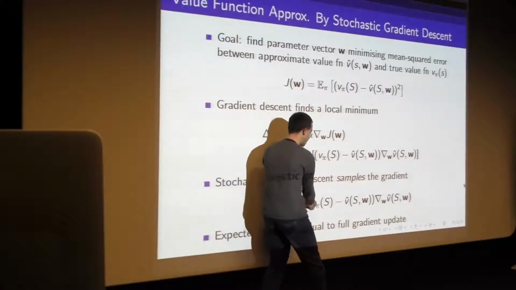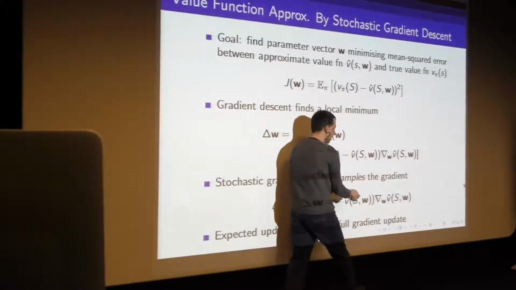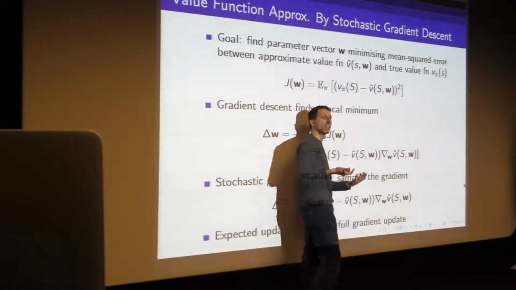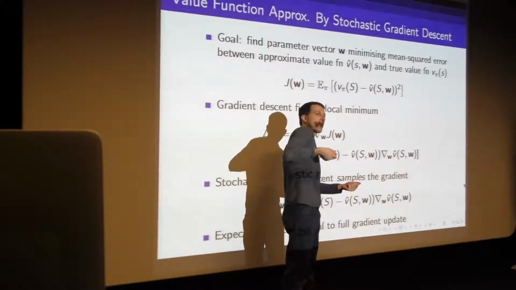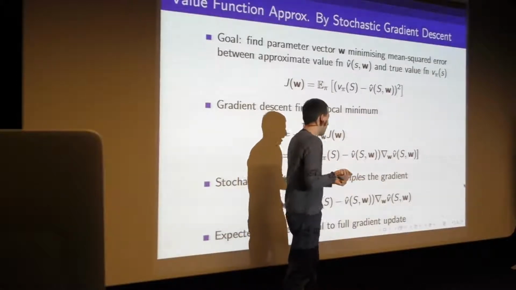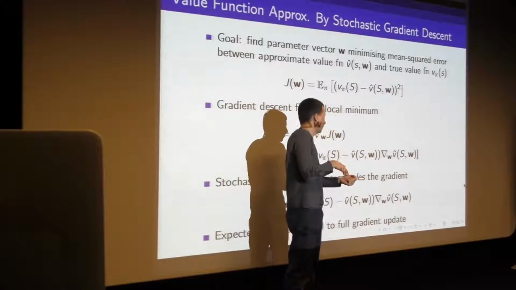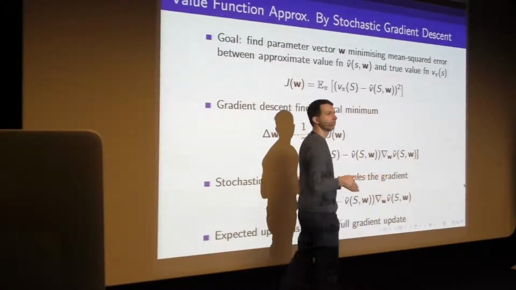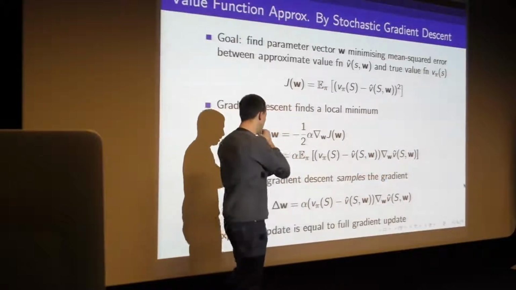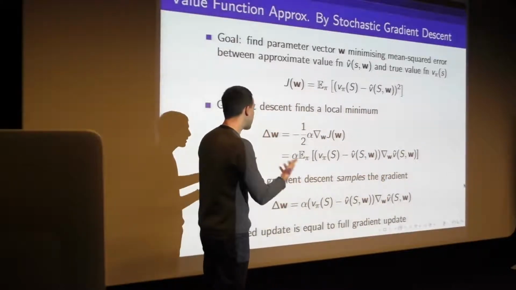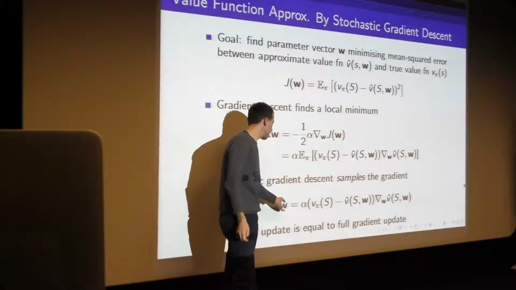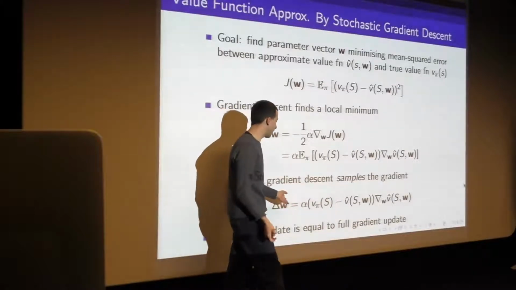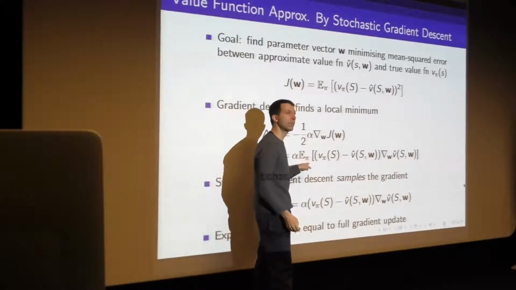So we've got a step size multiplied by the error, and now multiplied by the gradient. So the gradient essentially tells you how to adjust the parameters so as to move you in a particular direction. So you've got this error that you want to correct, and the gradient tells you how to correct it.